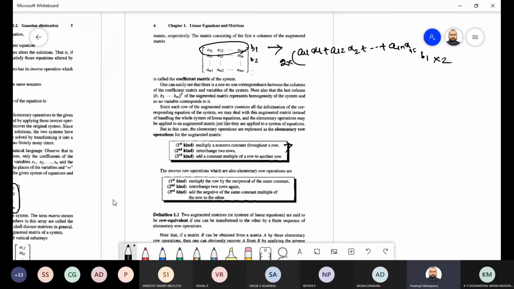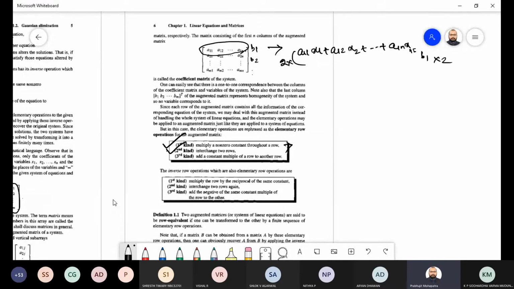You can multiply any non-zero constant through any row. Any row means you can multiply a constant to any equation, which we know already. The same thing applies to the matrix. You can interchange two rows, because we can interchange two equations.